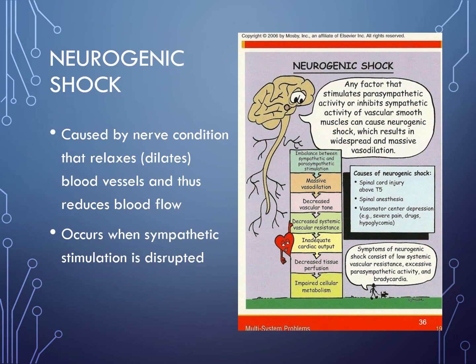Neurogenic shock results from widespread dilation of blood vessels, and this can lead to an imbalance in autonomic stimulation of smooth muscle in the vessel walls. Neurogenic means produced by the nerves. So this occurs when sympathetic stimulation is disrupted and there is a lack of muscle tone in the vessels.